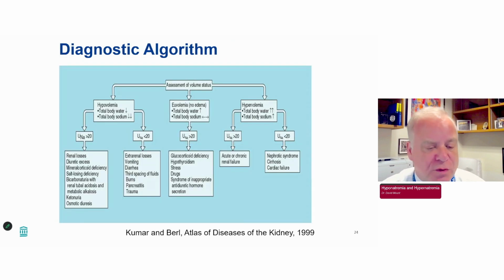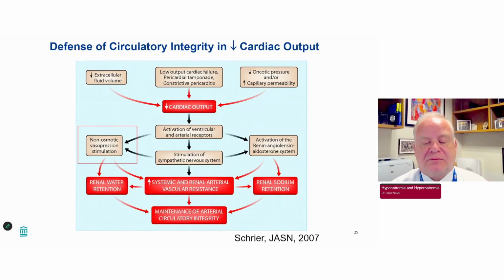And you're all familiar with the use of the urine sodium to further distinguish these possibilities. If your urine sodium is less than 20, and you clearly have, say, extrarenal losses, you've got hypovolemic hyponatremia. So the urine sodium is extremely important in this.